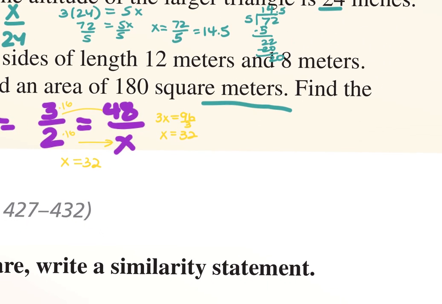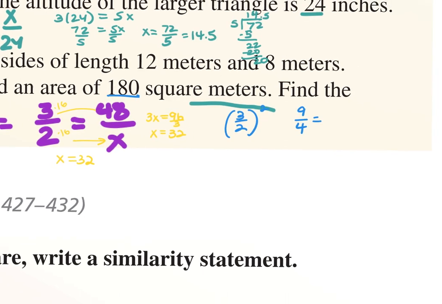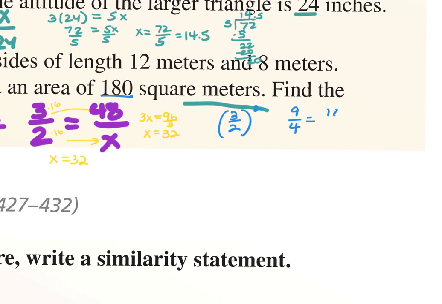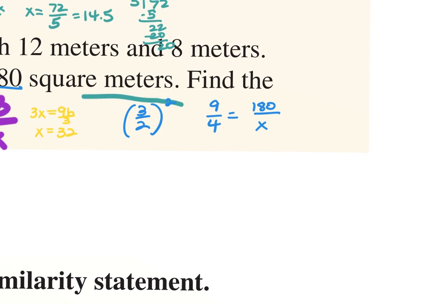The second part of this is the area. So if my scale factor is 3/2, the ratio of the areas is that squared, or 9/4. The large area is going to go in the top. That's 180. The bottom is your x. So I can multiply 9 by 20 to get 180. If I do the same with 4, I get 80.